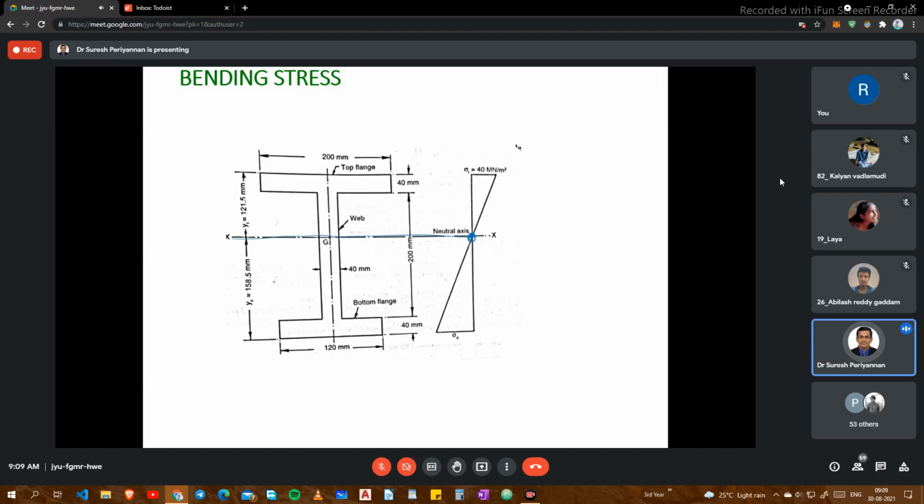Sir, it is the neutral axis, and on that line the beam doesn't undergo either compression or tension, sir. Exactly, because the beam deformation is 0 in this region. We assumed the beam as per Bernoulli's theory.